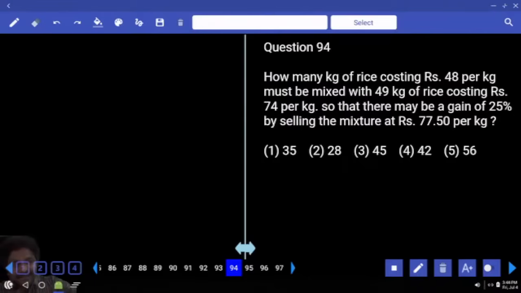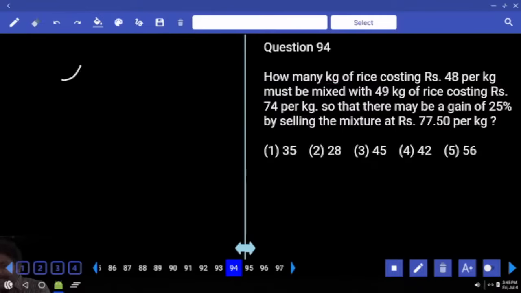How many kgs of rice costing 48 rupees per kg must be mixed with 49 kgs of rice costing 74 rupees per kg, so that there may be a gain of 25% by selling the mixture at 77.5 rupees? Which concept? Alligation mixture, right. How many kgs? We need to find the quantity.